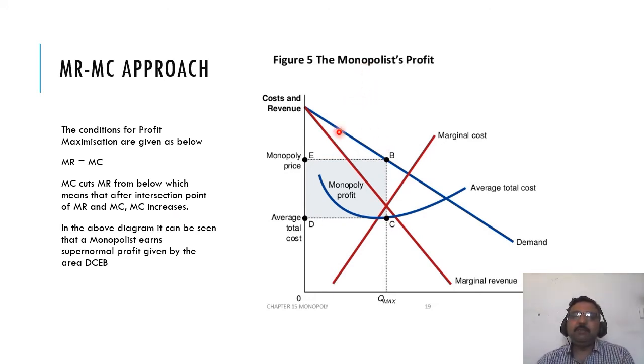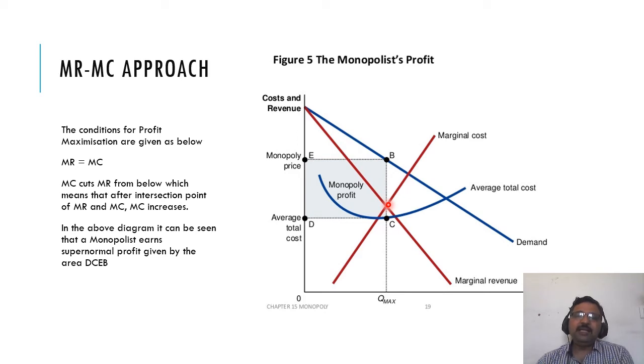You can see that the demand curve is also called the average revenue curve. This is the marginal revenue curve drawn here, and the equality of marginal revenue and marginal cost is the point of equilibrium. Marginal revenue and marginal cost intersect at this point, and this is the point of equilibrium output.